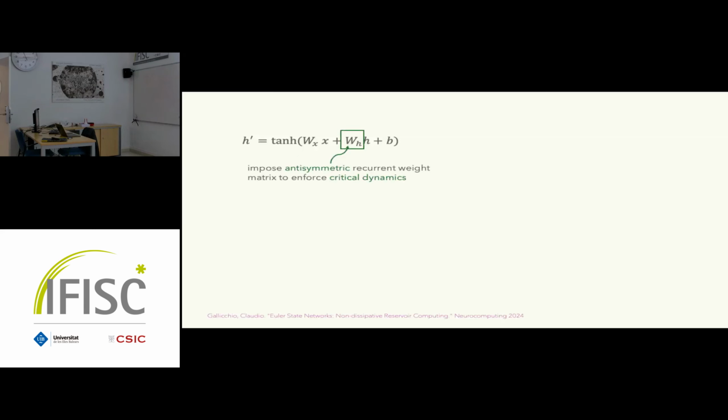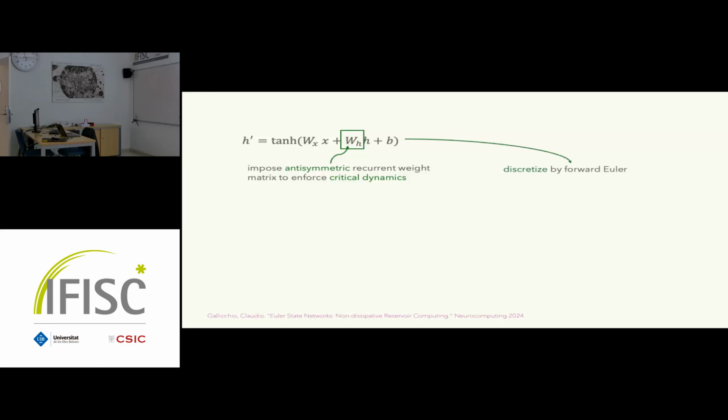And I do a very simple consideration. I want that the Jacobian of this system has imaginary eigenvalues, because I want critical dynamics, okay? Exactly critical dynamics. So how can I do this? For example, I can very simply impose that this recurrent weight matrix WH is antisymmetric or skew-symmetric. If this is the case, then this system has a Jacobian with eigenvalues exactly on the imaginary axis.